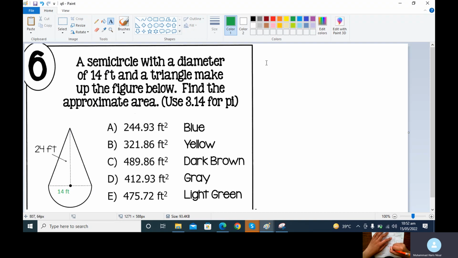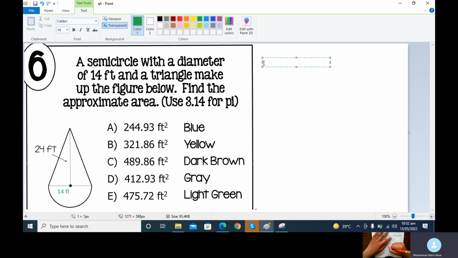So first of all, you will write the formula for the area of a semicircle and the area of a triangle. So let me write it. Area of triangle is equal to 1 by 2 b into h.